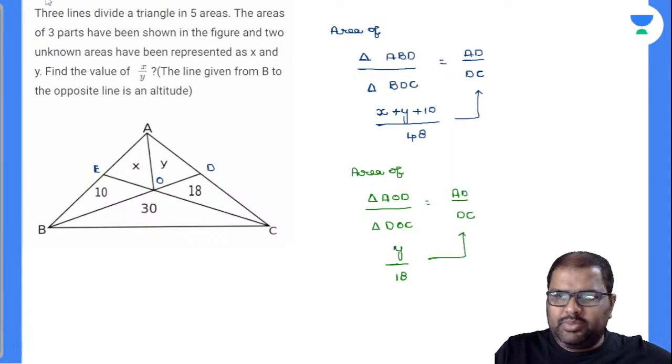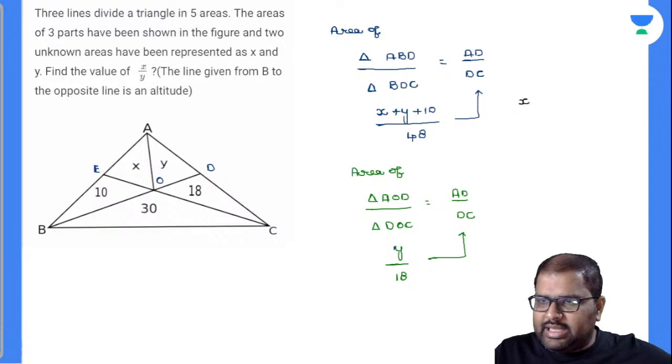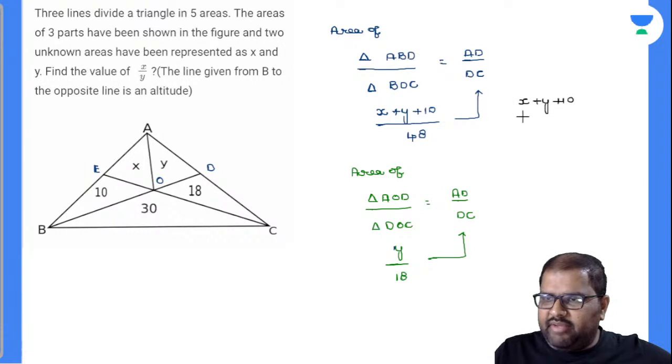I can club both equations and solve it, right? X plus Y plus 10 divided by 48 is nothing but equal to Y divided by 18. Am I right or wrong?